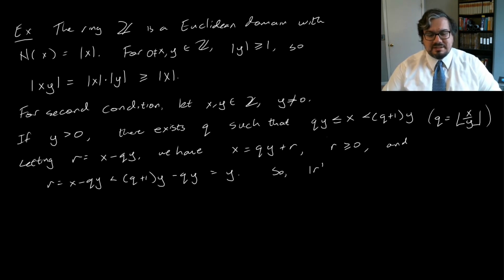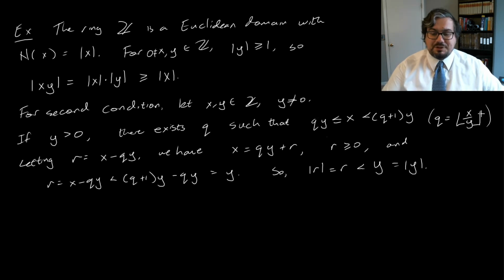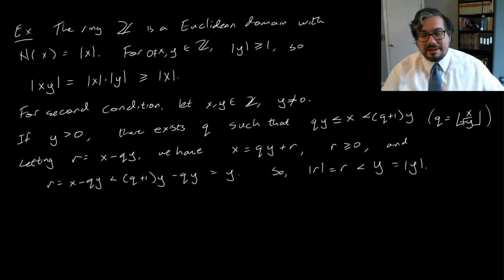So that means that the absolute value of r is equal to r, which is less than y, which is equal to the absolute value of y, because we're in the case where y is greater than 0. So if we take r to be the difference between x and q times y, where q is the round down of x over y, then the absolute value of r is less than the absolute value of y.